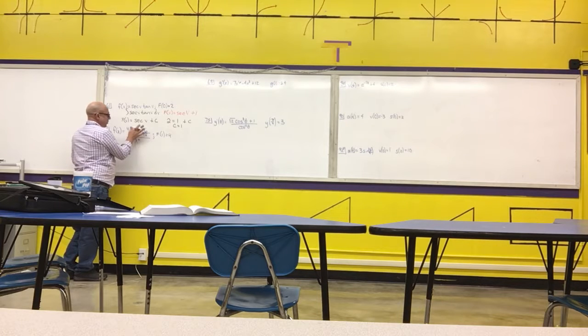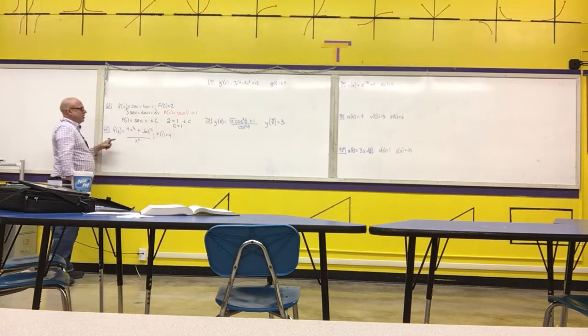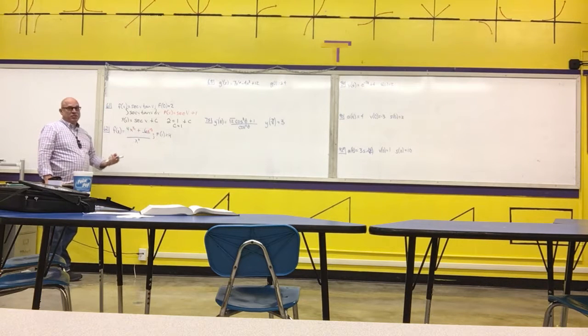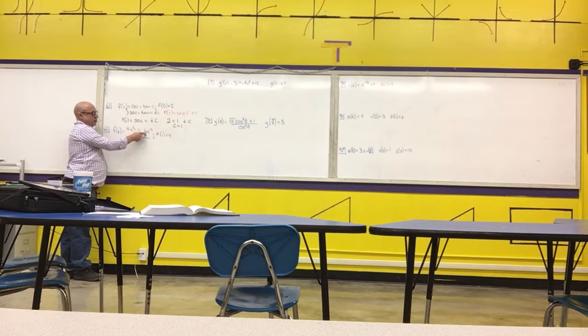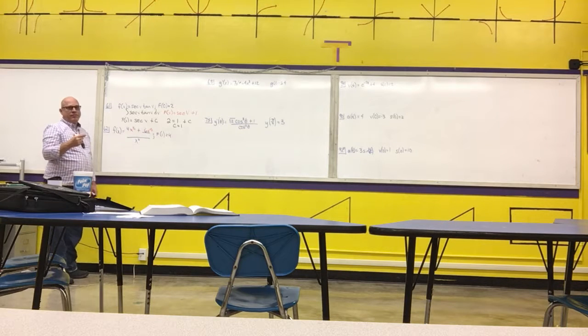I'm going to rewrite that as x to the 1/2, and this as x to the negative 1/2. Then I'm going to divide everything by x squared, which is going to be subtracting 2 from each of those exponents. My recommendation is if you have square roots or cube roots, when you originally write down the problem, you write it in this form so that you don't have to do that extra step.